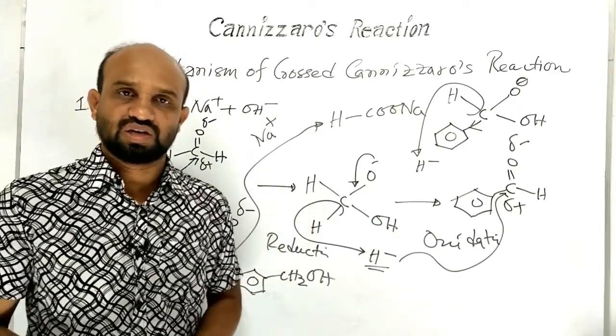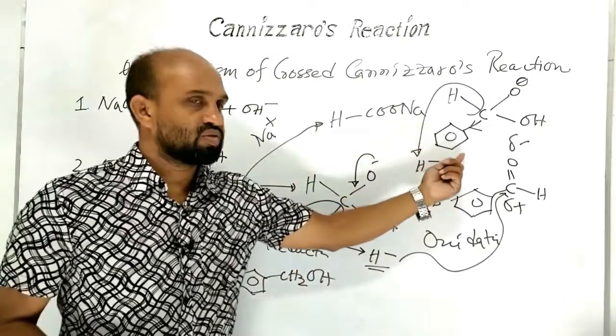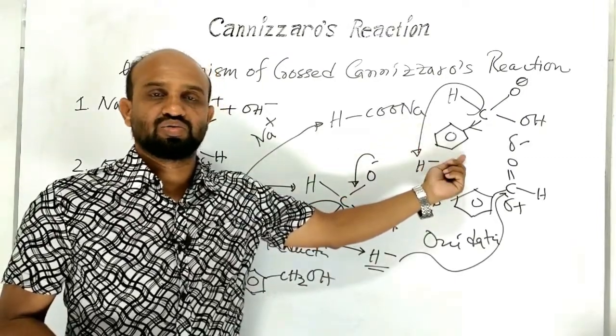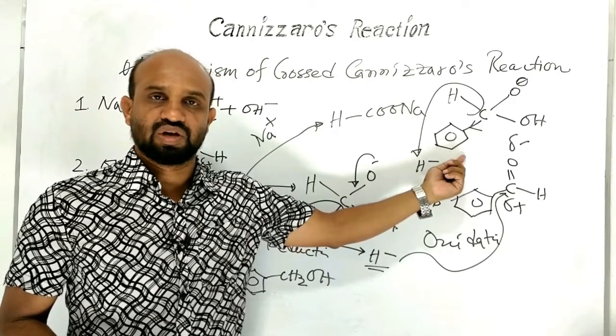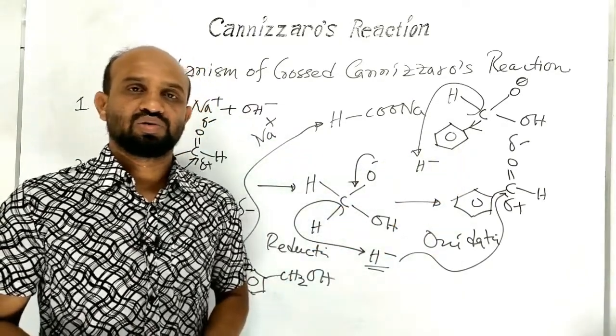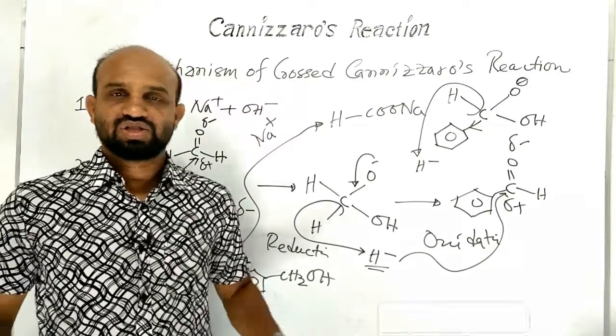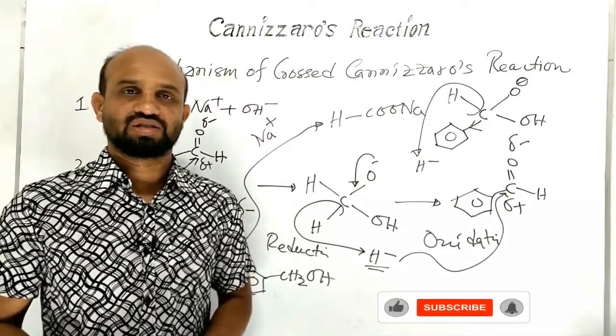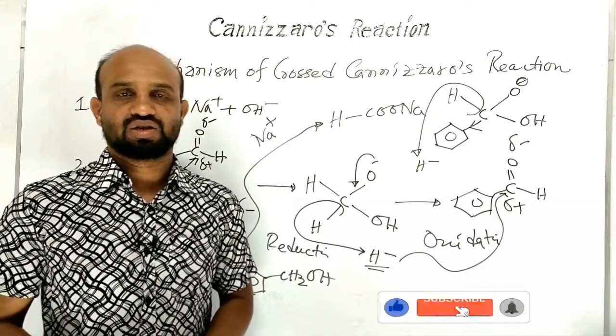Because of the steric effect and because of the electron withdrawing tendency of phenyl group, benzaldehyde cannot turn into benzoic acid. This is all about Cannizzaro's reaction and crossed Cannizzaro's reaction.